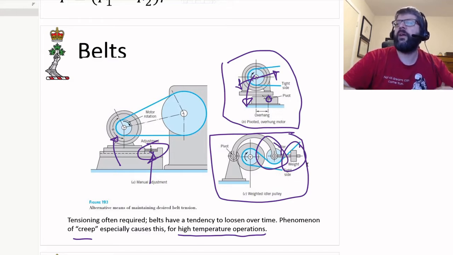So the idler pulley is mounted on the pivot, whereas the driven pulley with its motor doesn't need to be.